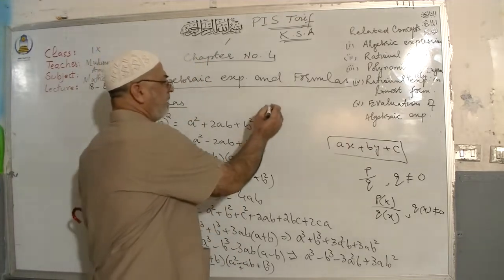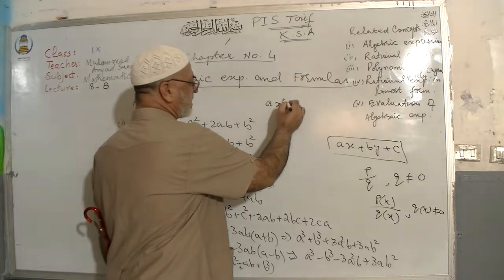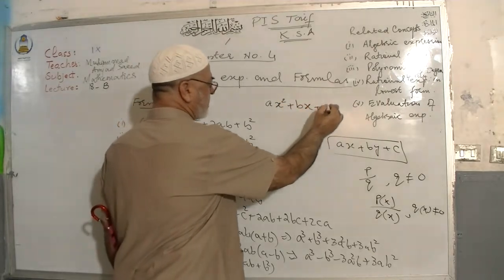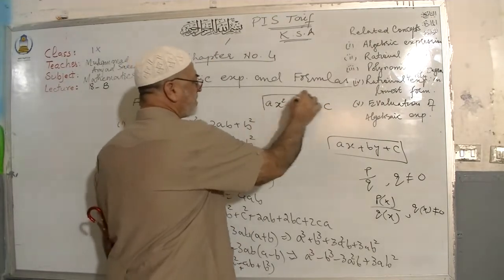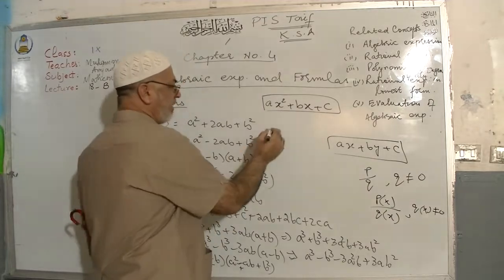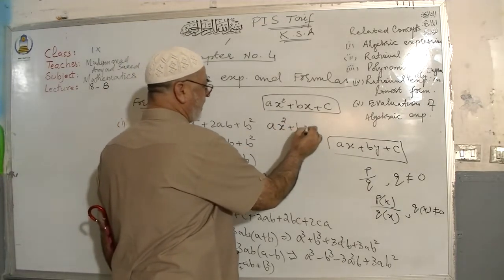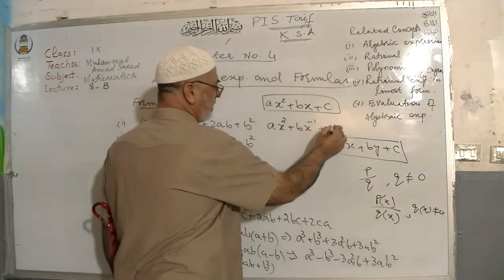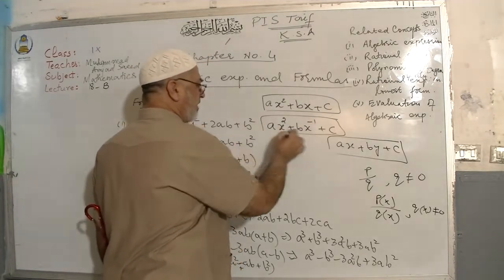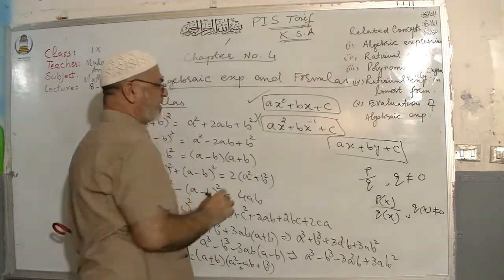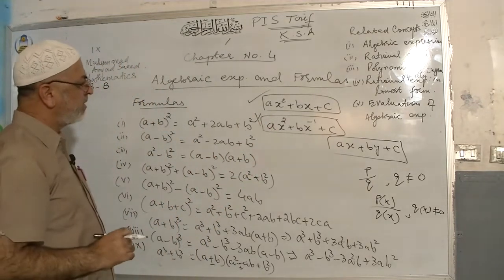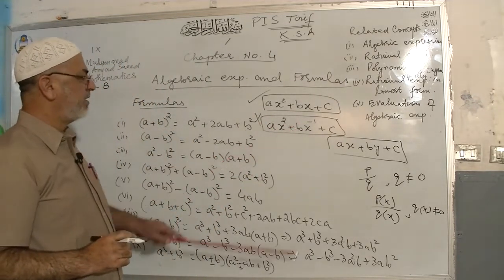For example, ax square plus bx plus c is a polynomial, but ax square plus bx minus 1 plus c is not a polynomial. Here is a negative power.